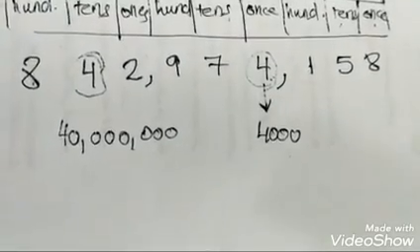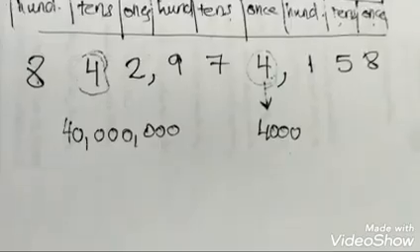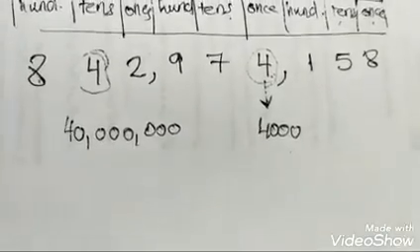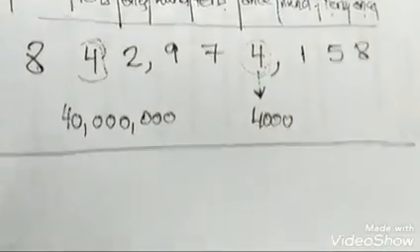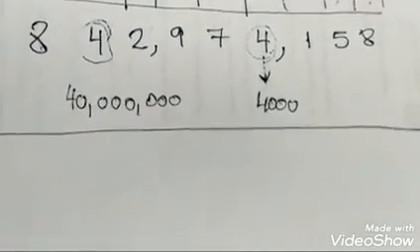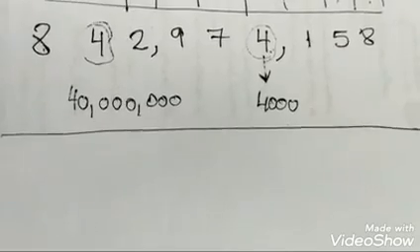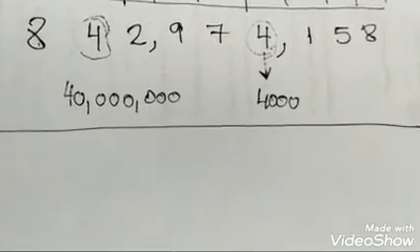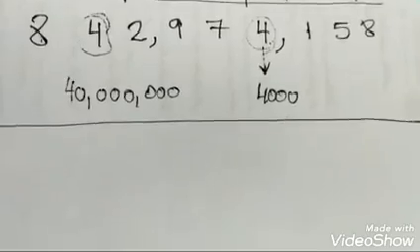Then I know the value, I know the place value. How can I compare and order whole numbers? To compare and order whole numbers, I have first to align their digits by place value. How?